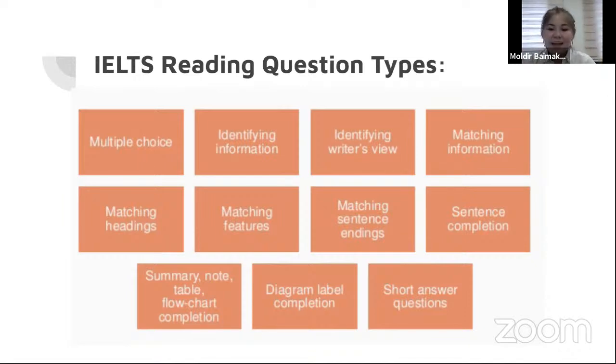Okay, and sentence completion. Well, this is actually a really easy question type, but what I have to highlight here is that sometimes you have to apply some grammar rules.